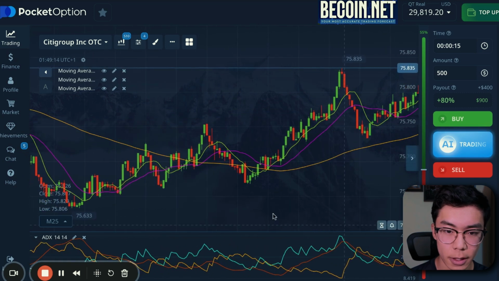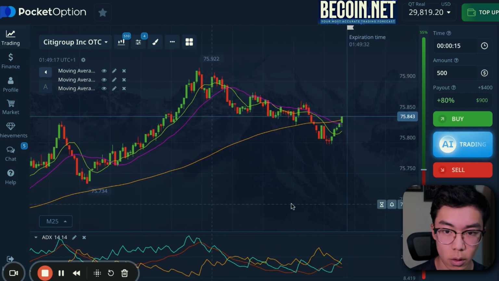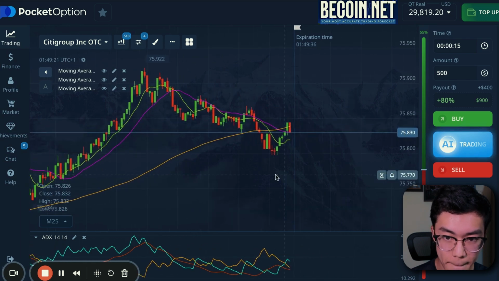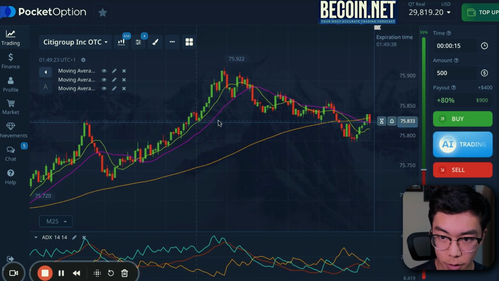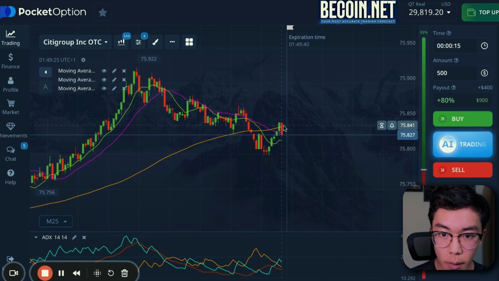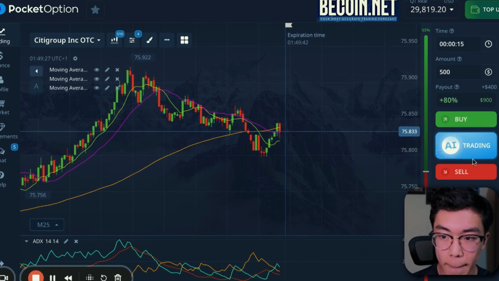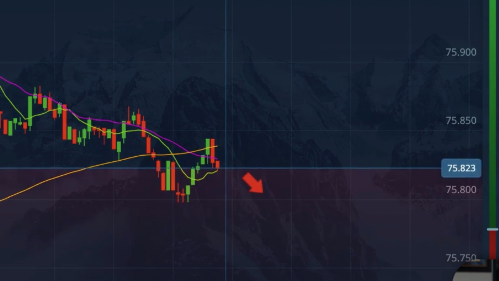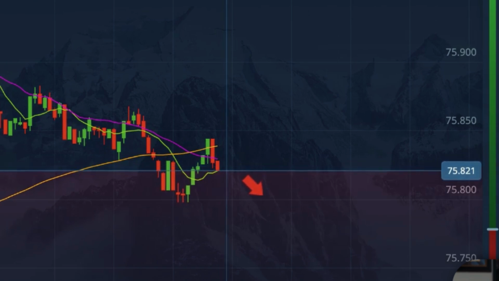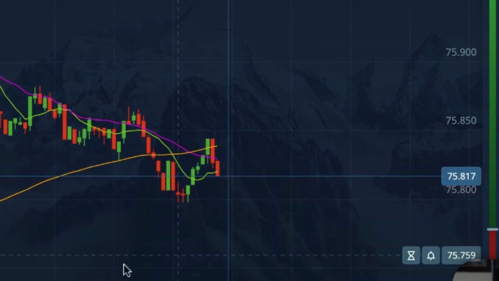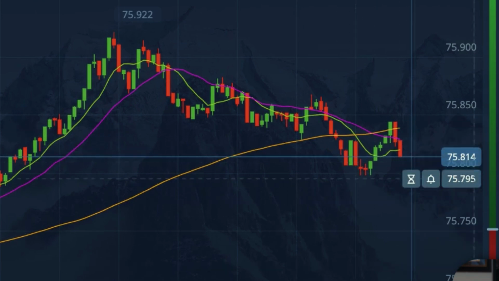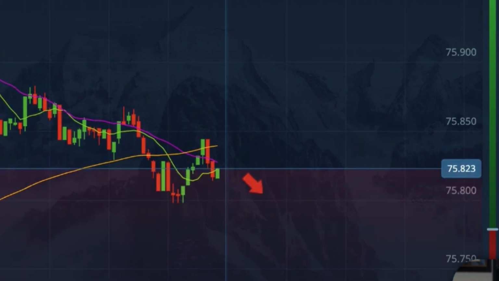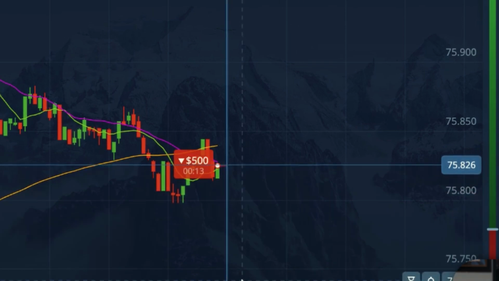We can take a look at some of the support levels, some of the resistance levels. So some of the resistance levels right here, like right here, it's going down potentially. Okay, so I might actually want to sell when it goes back up a little bit. Okay, resistance level, and it goes up, and we're going to be selling here.